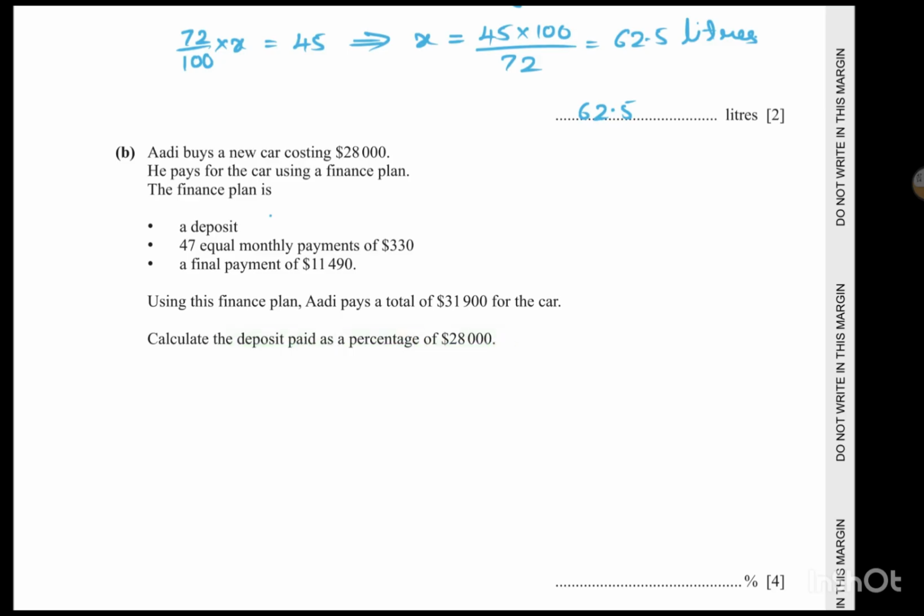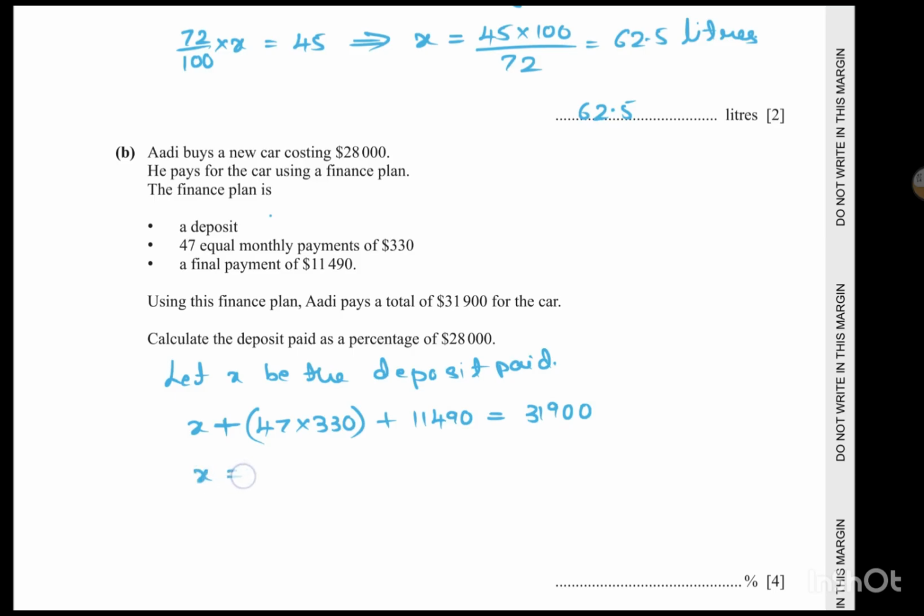So first of all, let us find out what is deposit paid. Let X be the deposit paid. So you can take X plus 47 installments, that is equal monthly payments 47, and that was $330, so multiply it, plus the last payment which is 11,490 will be total, which is $31,900.